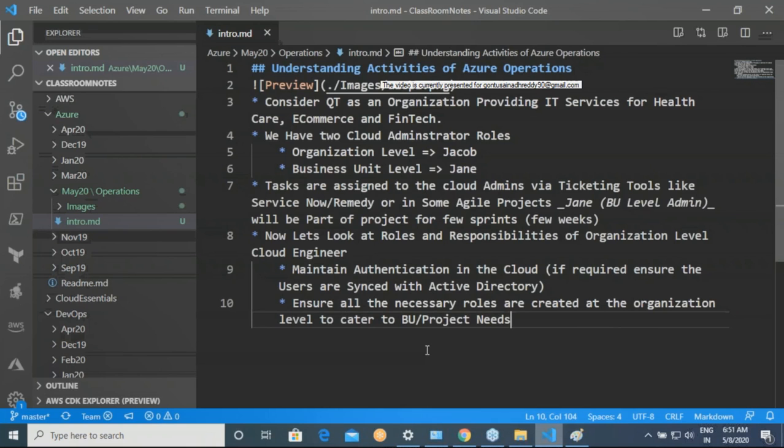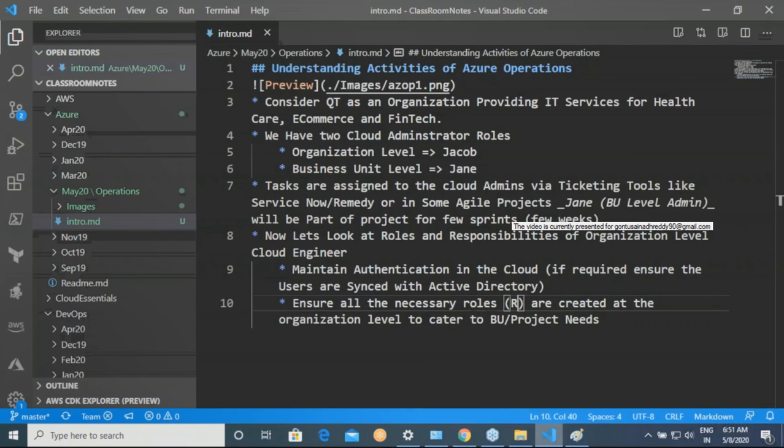So these guys are responsible for creating roles. When I say roles, in your user groups, how does it work? RBAC, role-based access control. This is what I'm trying to speak about.